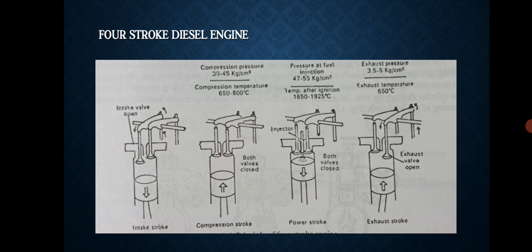During the power stroke, the pressure falls from its maximum combustion value, that is 47 to 55 kg per centimeter square, which is usually higher than the compression pressure of 45 kg per centimeter square, to about 3.5 to 5 kg per centimeter square near the end of the stroke.